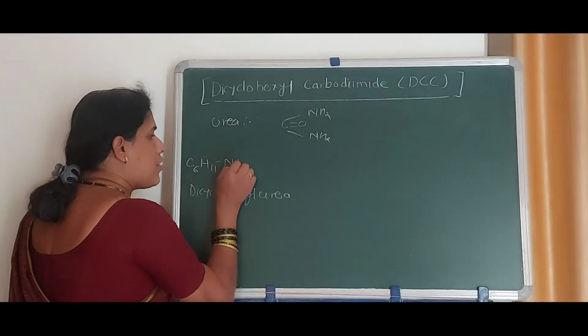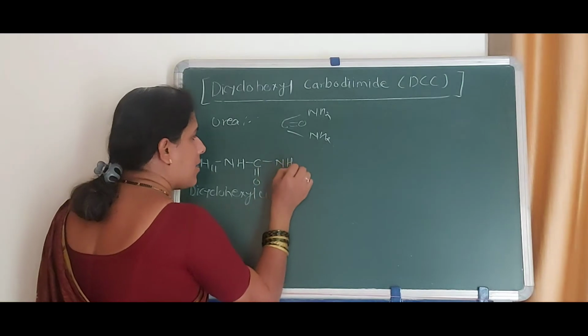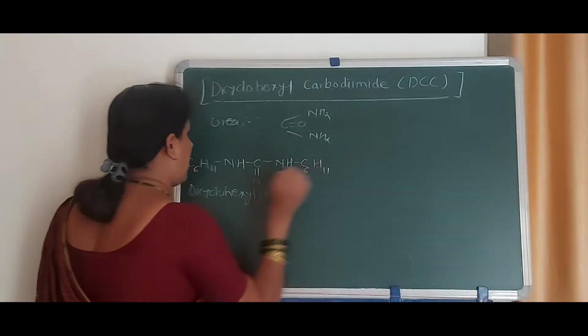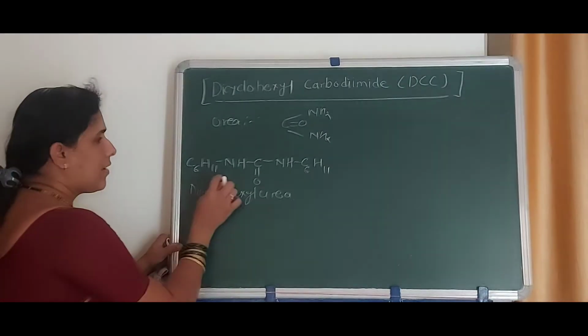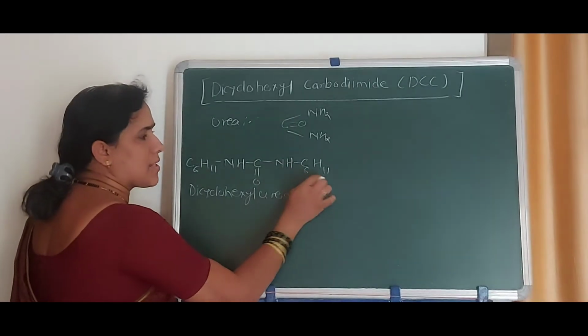C6H11 NH C double bond O NH C6H11. What happens here is that this is the urea CONH2, where one of the H is replaced by C6H11.